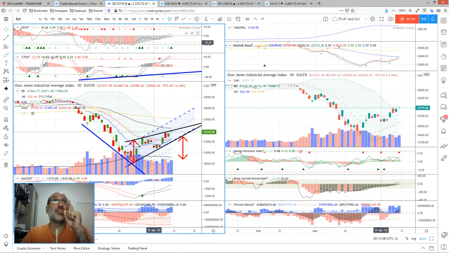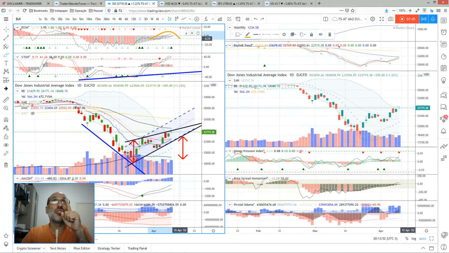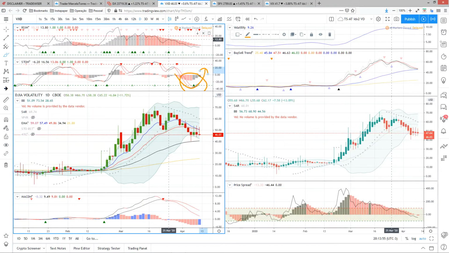But as soon as this information starts being built on the Dow Jones to go down, we might see the same information being built to go up on the same indicator, okay? Which means that we might have a bottom reversal and the index is going up.